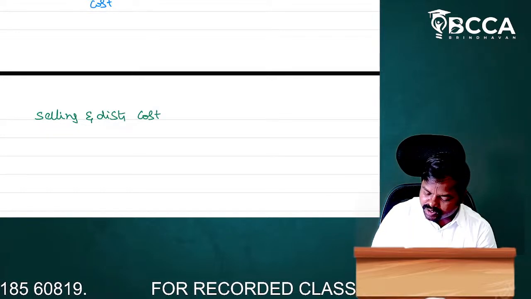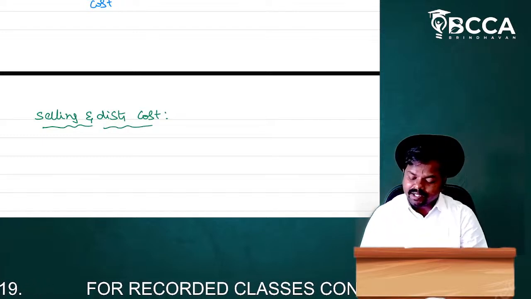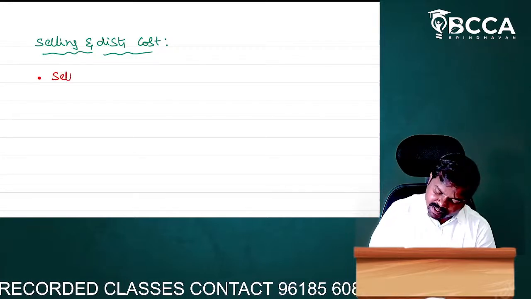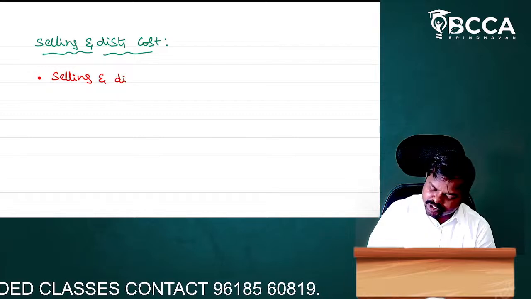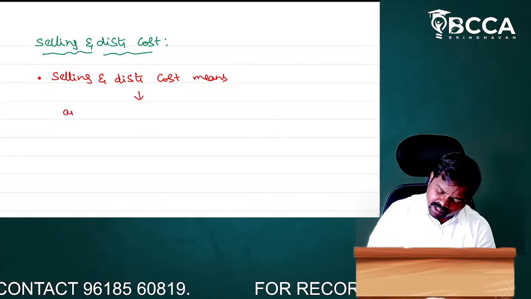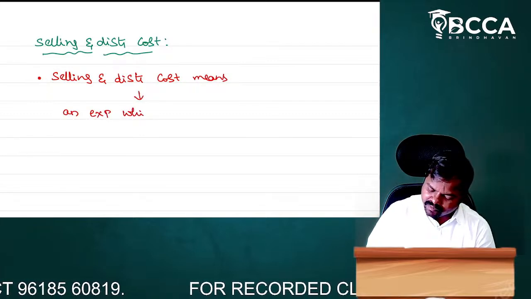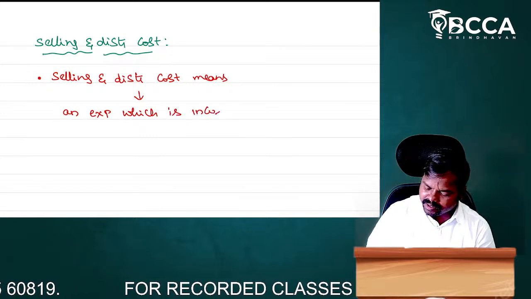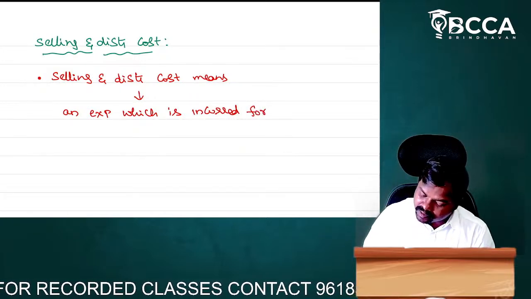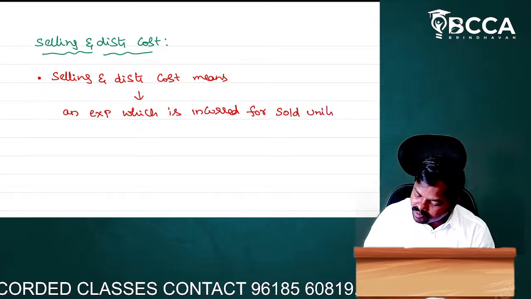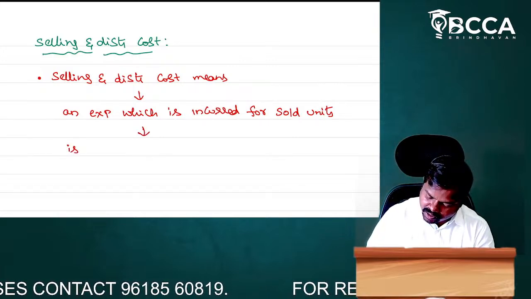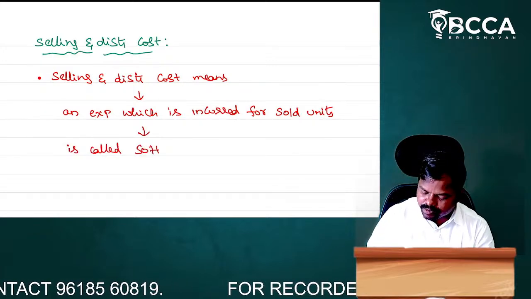Next, selling and distribution cost. Listen carefully, my dear friend. Selling and distribution cost means an expenditure which is incurred for sold units, not for manufacturing goods, and it is called selling and distribution overhead.